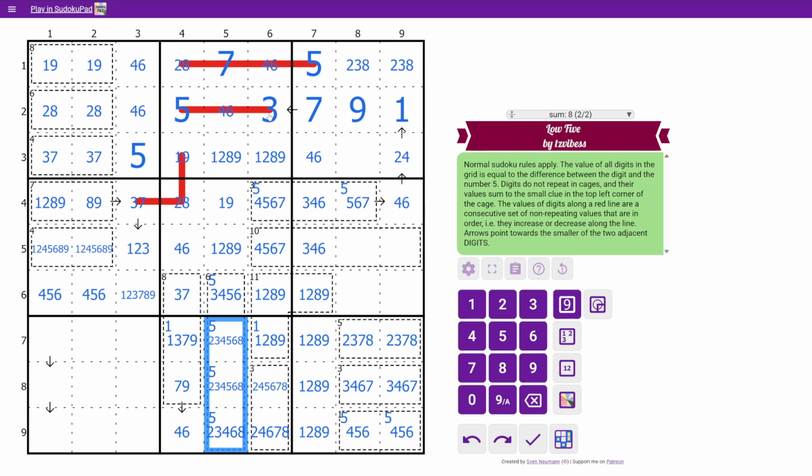Can I map anything around? What's left here? 2, 4, 6, 8.